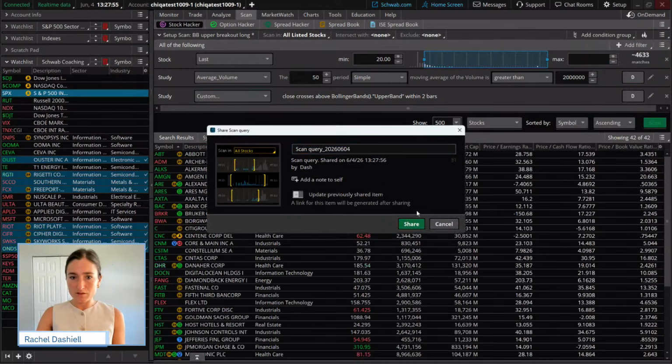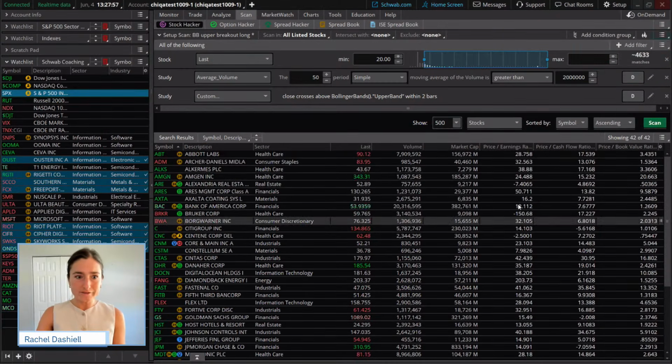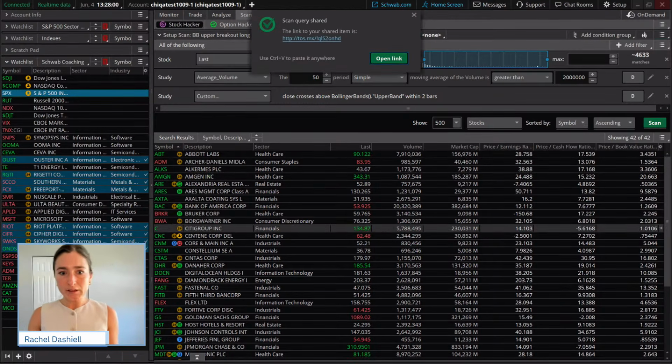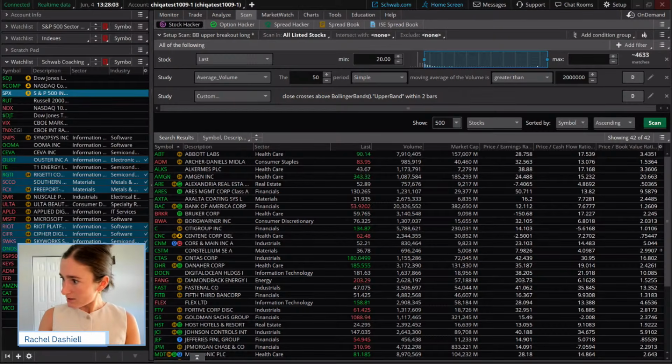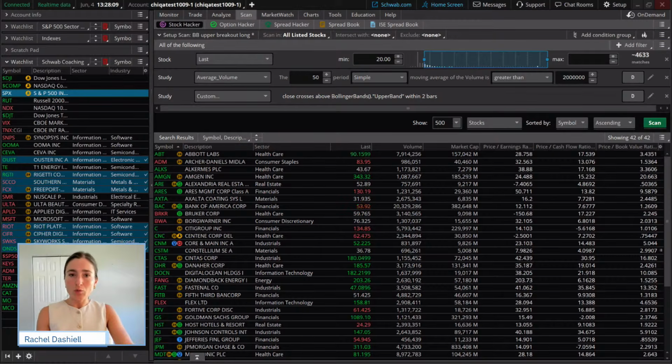Now keep in mind, these scans are not guaranteed for accuracy, timing, or results. So let's put this in here, and this is just that example scan. Okay. And if you want to do a more bearish one, you could say close crosses below the lower band. So you guys can do this in kind of both directions. So we're just looking at a cross above some of these.